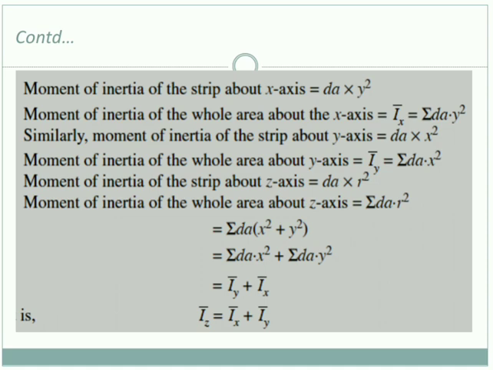Two axes were parallel. When we came to the perpendicular axis theorem, we chose three perpendicular axes and proved that the moment of inertia about one axis is equal to the addition of the moment of inertia about the other two axes. So both the theorems are quite easy.